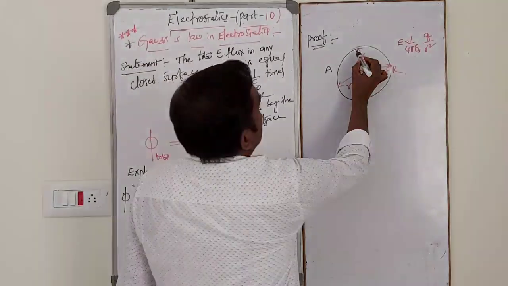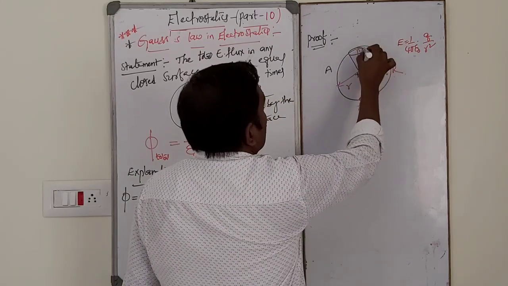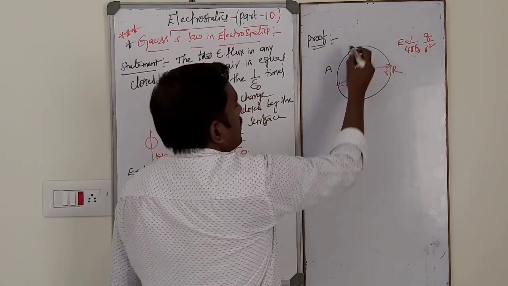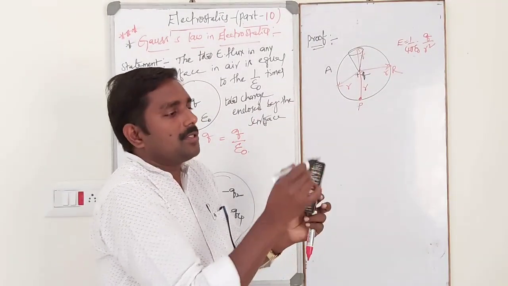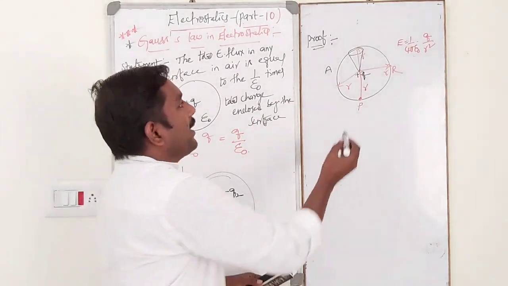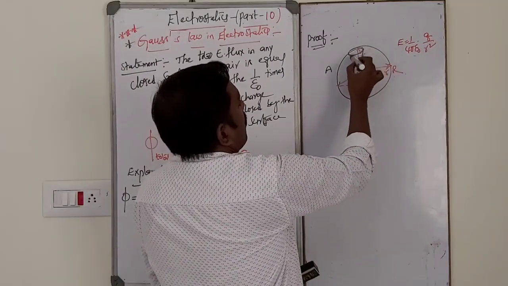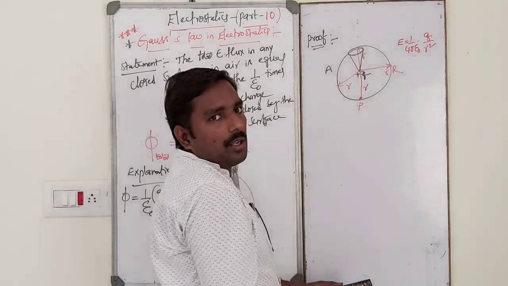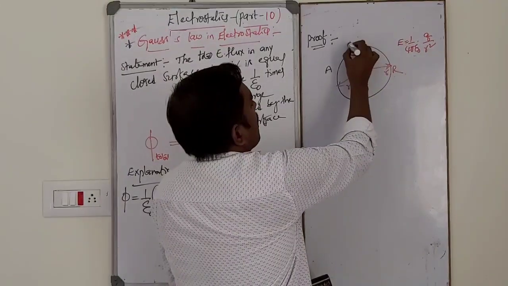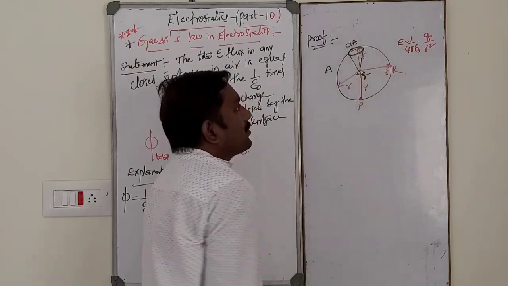Just assume a small piece of area, a small ring, at a distance r from the charge. This is the small area.